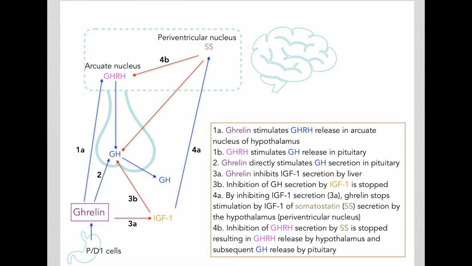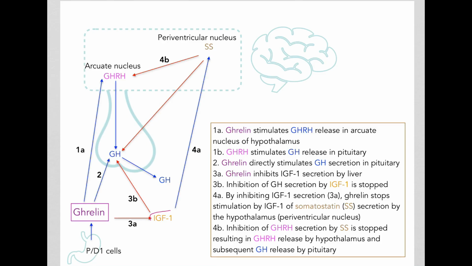Another way by which ghrelin stimulates the release of growth hormone by the pituitary gland is by inhibiting the secretion of IGF-1 by the liver. Ghrelin inhibits IGF-1 secretion by the liver.